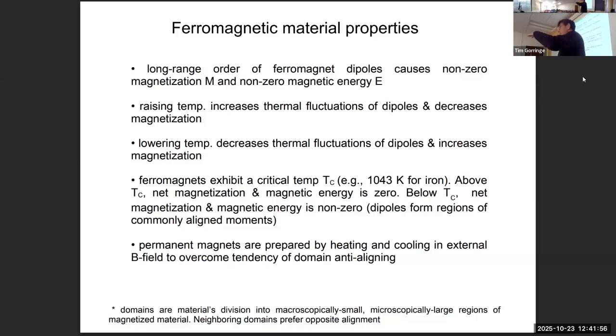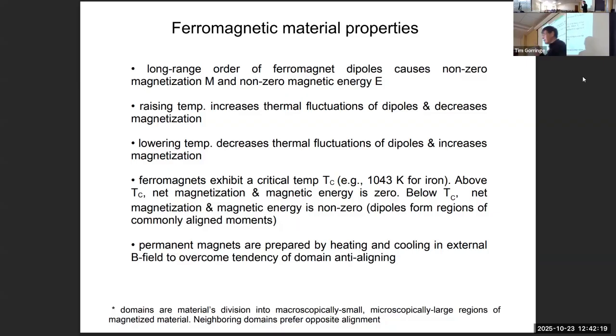If you lower the temperature of the material, lowering the thermal fluctuations, the random fluctuations in the material, you tend to have the magnetization grow or increase. So those are two features of ferromagnetic materials.